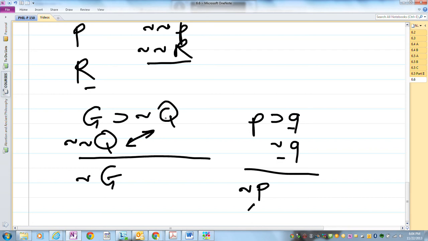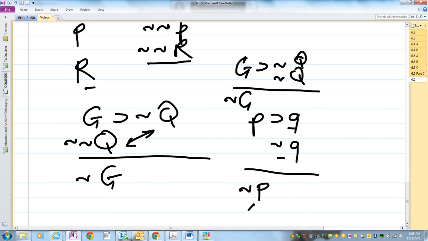But if you had something like, if G then not Q, not Q, therefore not G, this wouldn't be modus tollens, because in order for modus tollens to happen, the second premise must be the negation of the consequent of the first. And here there's no negation.